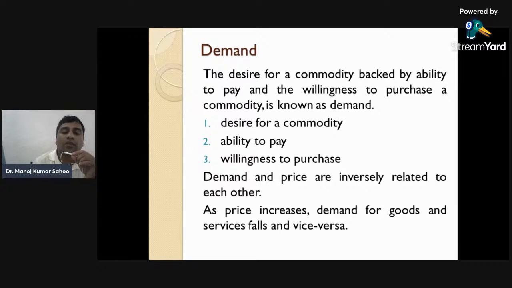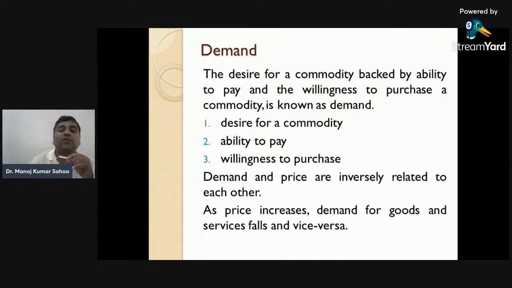Suppose even if you have the desire and you also have the ability, it may not be called demand because you don't have any willingness to purchase. For example, a miser person doesn't have any willingness to purchase, because that miser may have the desire, and may have the ability, there is money in his pocket, but he doesn't have the willingness to purchase that product.